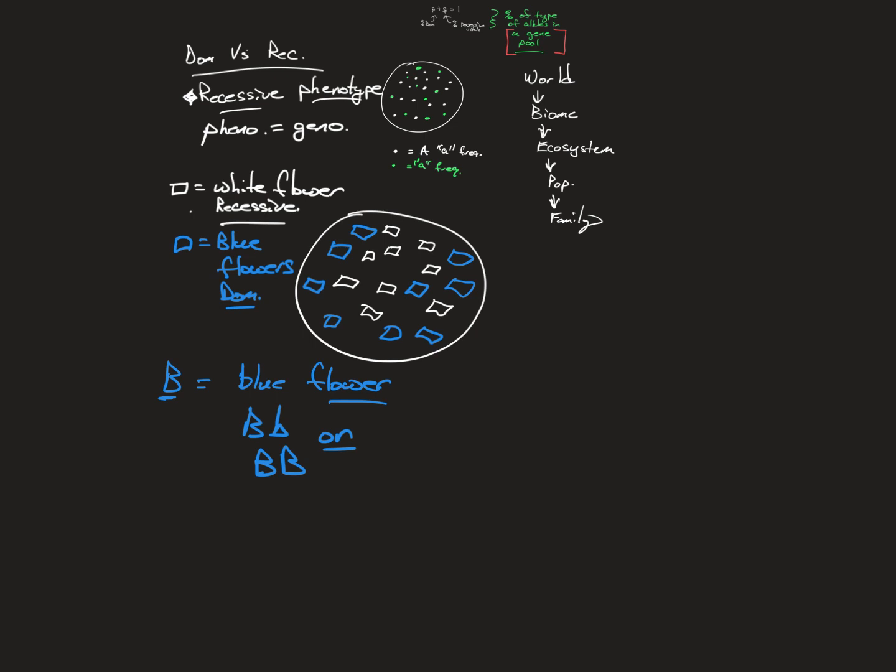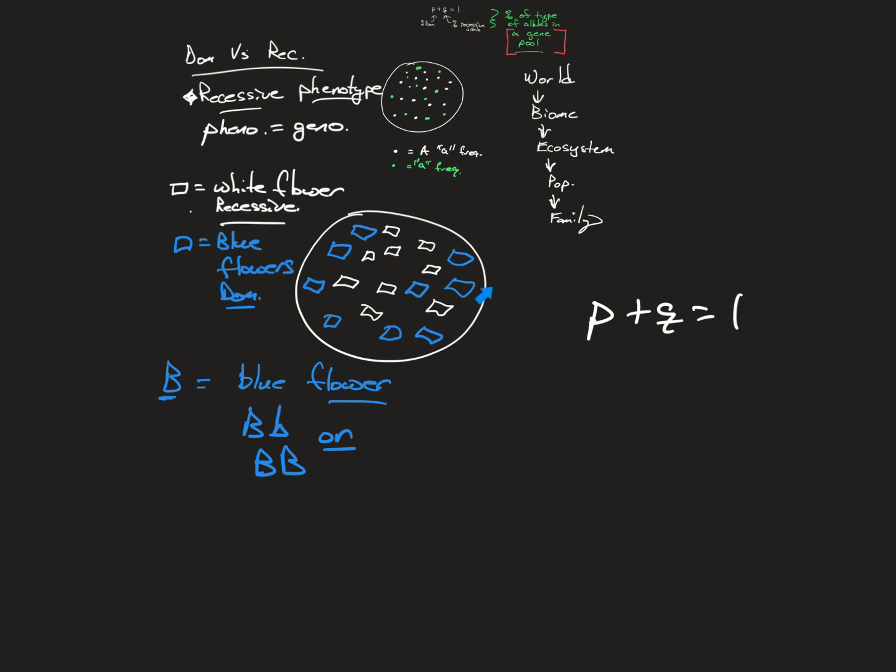Well, luckily we have Hardy-Weinberg, and luckily we have the white flower. So how does that help us? Well, if it's true that P plus Q equals 1, we could tell percentages right away.